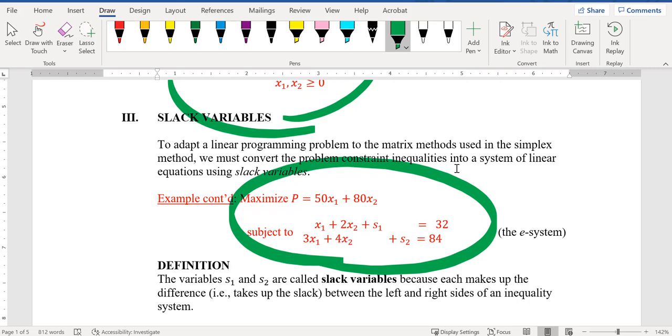Those variables that were introduced, s1 and s2, are called slack variables because each one of them makes up the difference. In other words, it takes up the slack between the left-hand and right-hand sides of the inequality system.